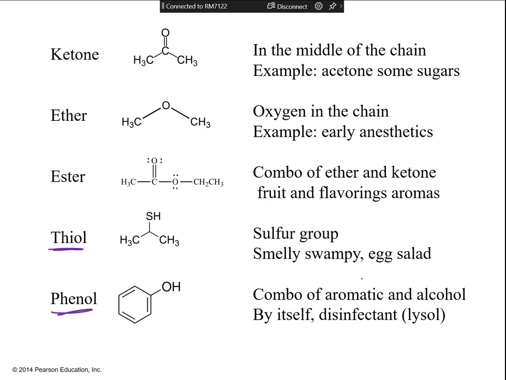Just washing them in water or in soap and water wasn't enough, but a phenol rinse seemed to help cut down on those infections. Then doctors found, if I dip my hands in phenol before I start a surgery, that also helps to decrease surgical infections.